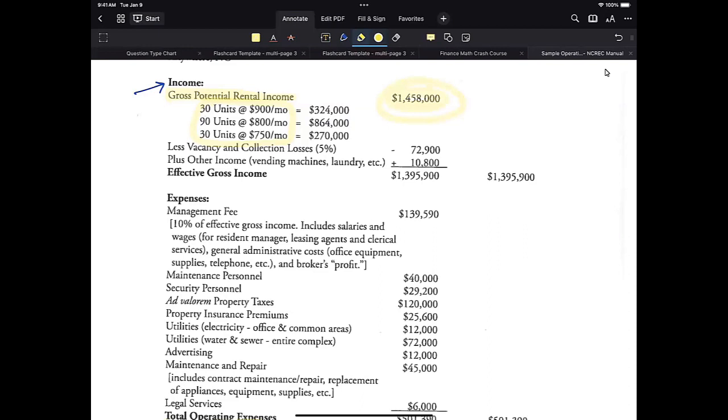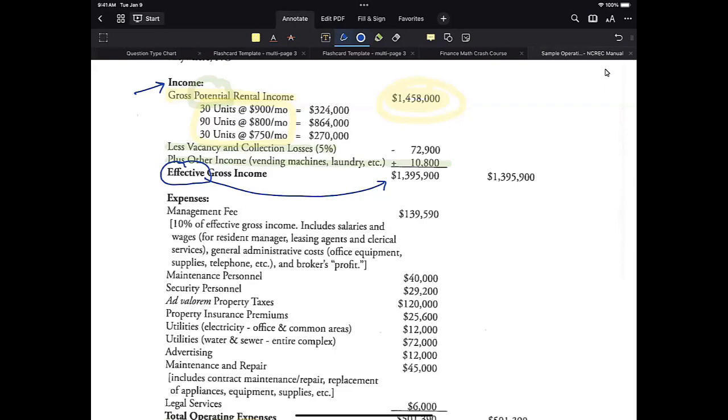Having said that, we know that's not very realistic. You're going to have some vacancies, and maybe you have something like vending machines or laundry. So this is your potential, but effectively you can probably expect an income, money coming in, of $1,395,900. That's a budget. I mean, nothing ever goes to budget.